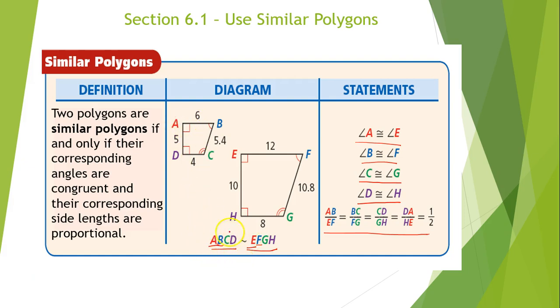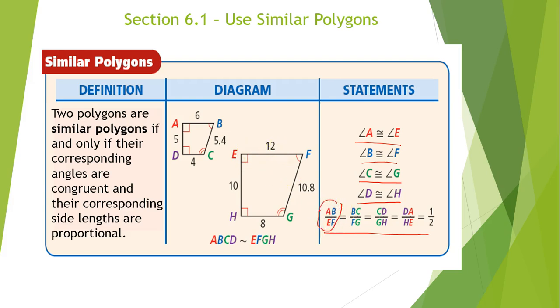In our statement ABCD is similar to EFGH, the first two letters, AB and EF, will correspond to each other, and they'll go in the same order as we have written our similarity statement.